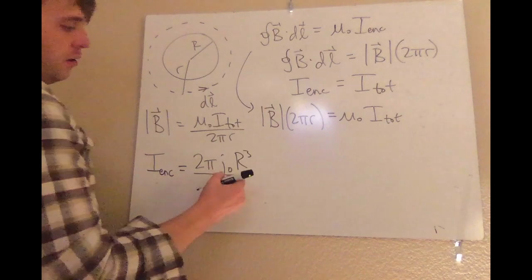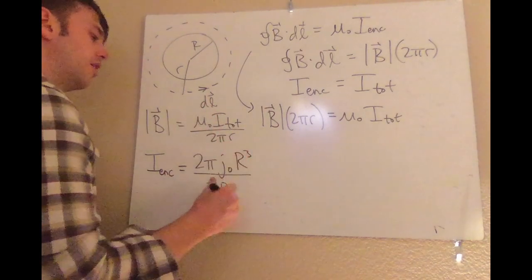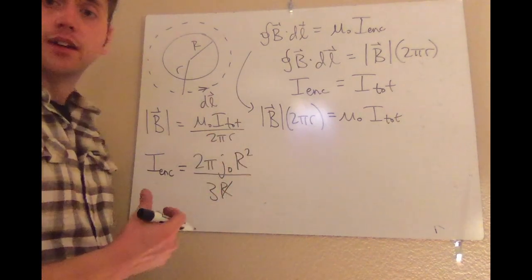Okay? Well, if we have big R to the third on top, and we have big R to the first power on the bottom, we can cancel that out. Now we have big R squared on the top.